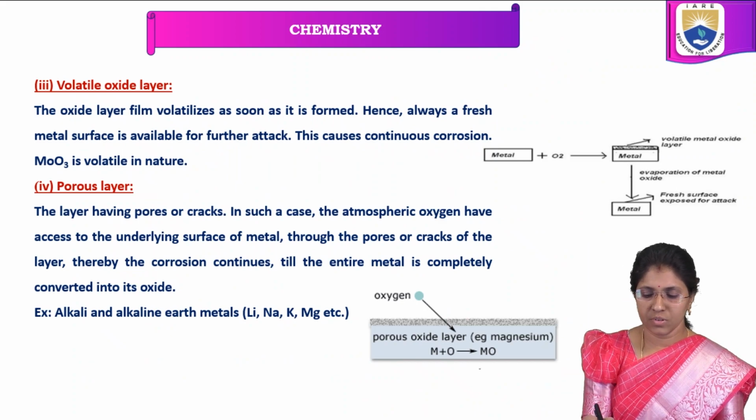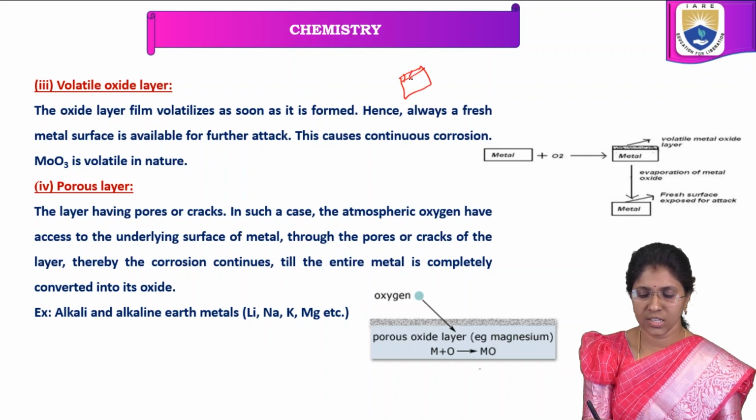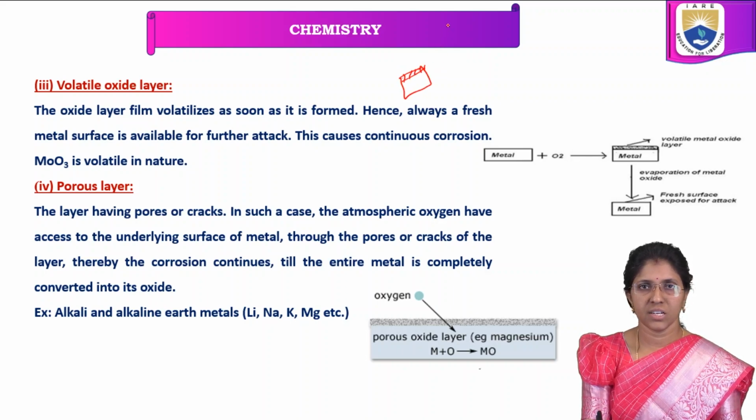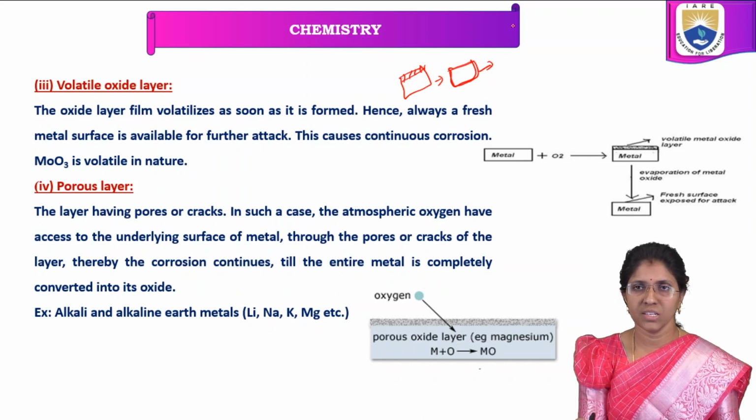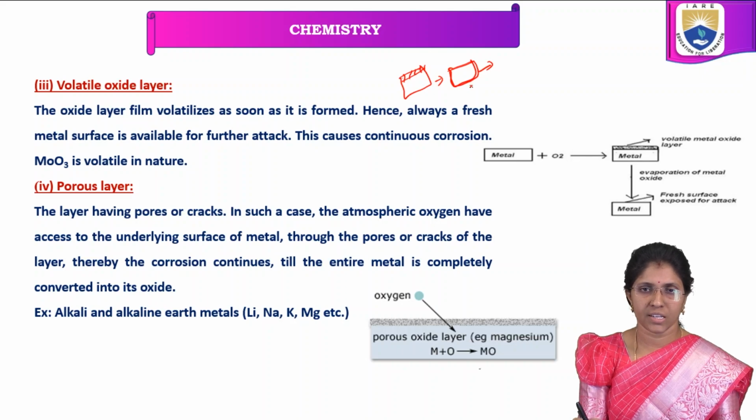If the oxide layer is volatile, it will easily evaporate. So what happens after some time? We get fresh metal, which is again available for further attack.